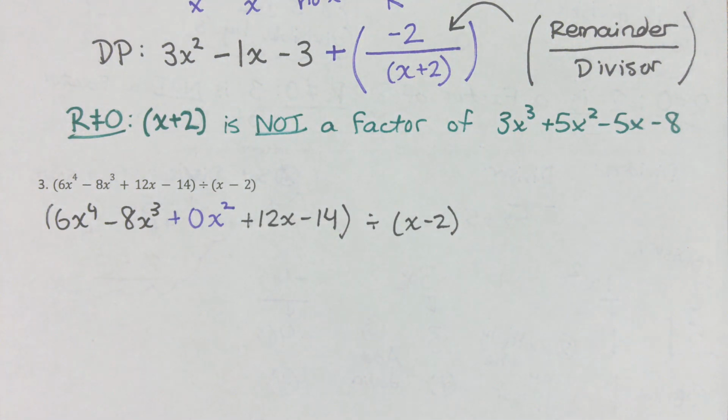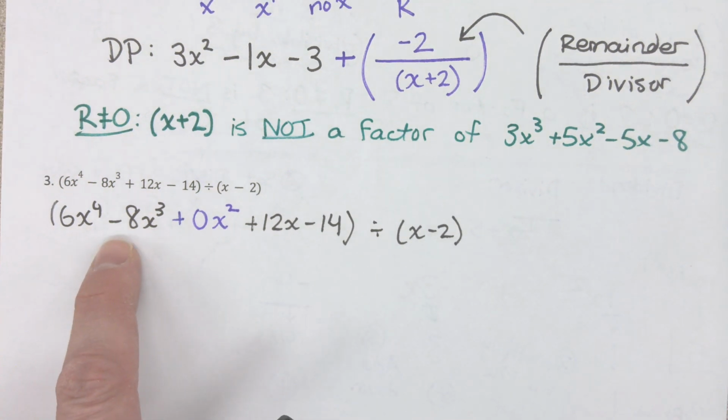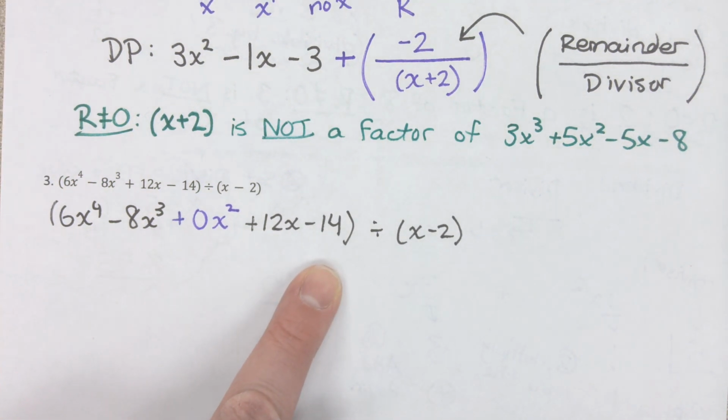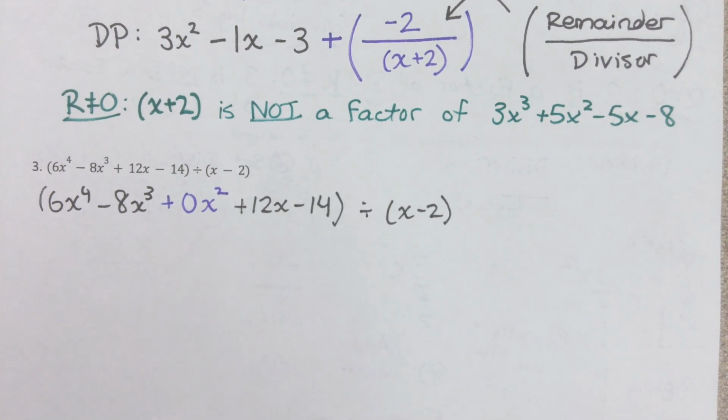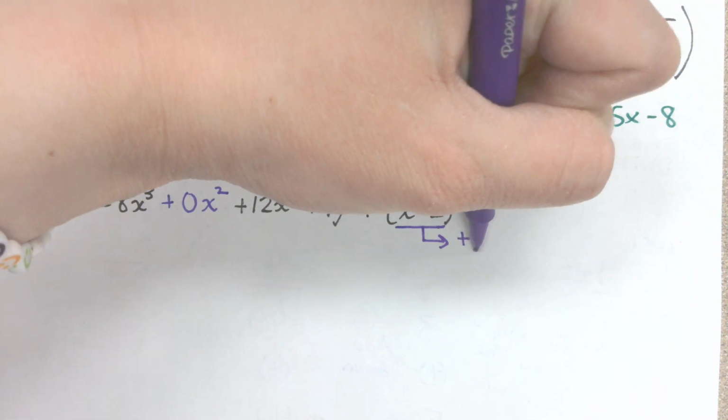From now on, now that you've seen it, every time you do a problem, always check for this. Make sure that whatever your highest number is, everything after that is included in the problem. If you're missing a place, it's going to shift your problem completely. Your numbers will be wrong. Now that that's taken care of, we can set up the problem. First things first, change the divisor. This is a negative 2. I'm going to turn it into a positive 2.